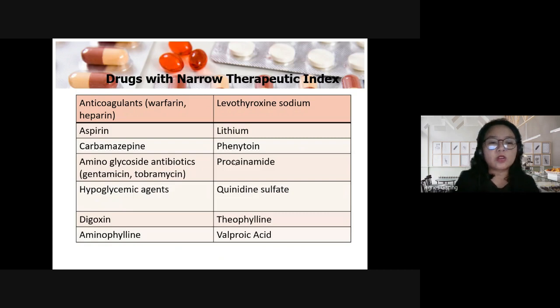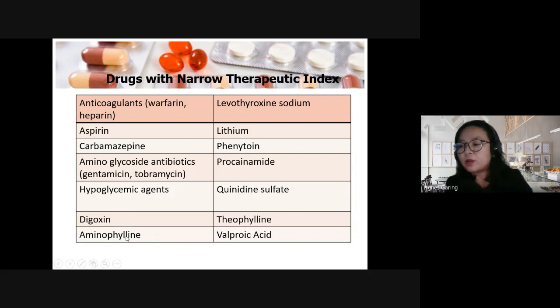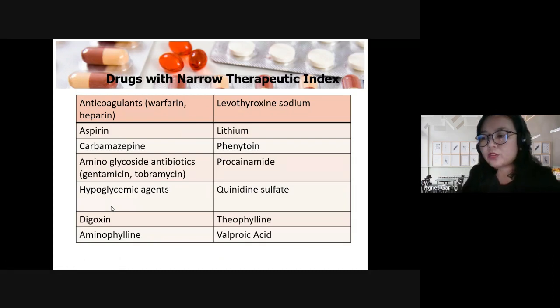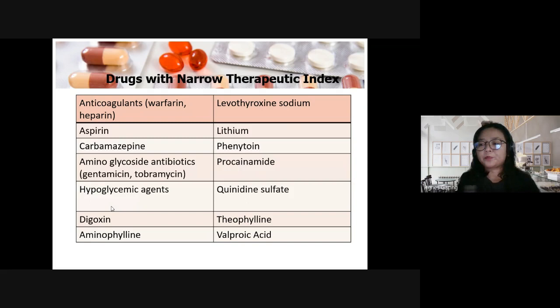So itong anticoagulants giveaway na 'yan. Ito aminoglycosides giveaway. So itong mga to, if you are aware of this, aspirin, digoxin, medyo familiar na kayo sa mga 'yan, no? Aminophylline, you had your pharmacology already. So I guess you're familiar with this, no?